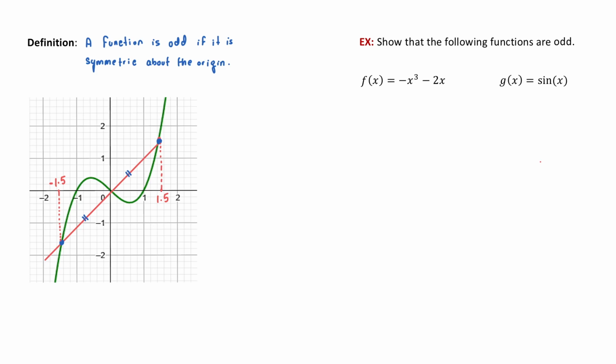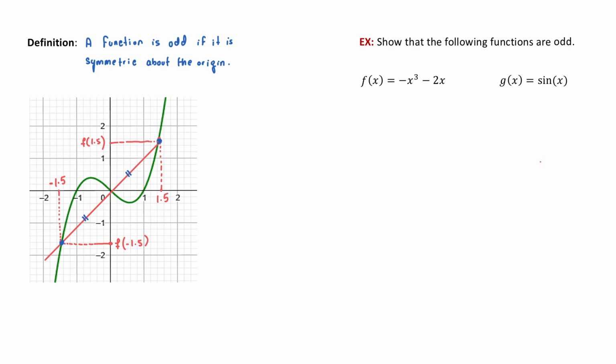And I want you to notice that when I look at the corresponding y value right here, this will be f of negative 1.5, whereas this one over here is going to be f of 1.5.